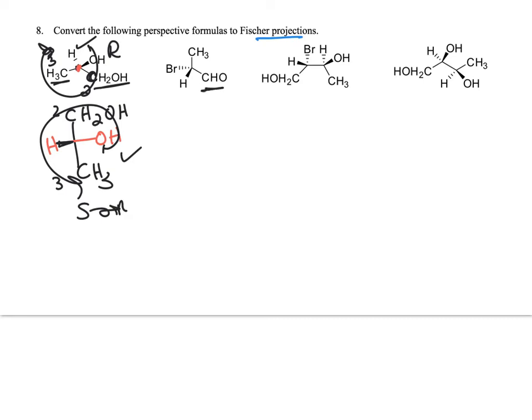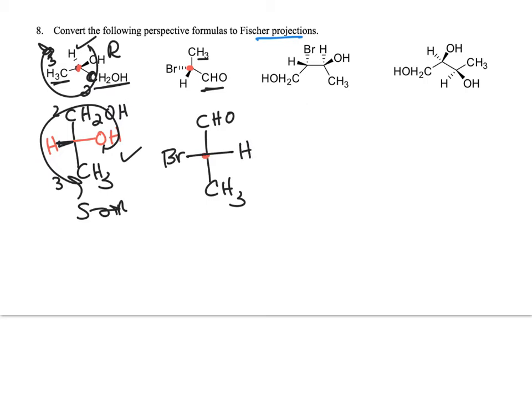Okay, the next one we have CHO, which is aldehyde. This is your asymmetric carbon, so that would be on your horizontal, and your lowest oxidized carbon would be the CH3. Okay, so in this case, let's put bromine on the left, hydrogen here.